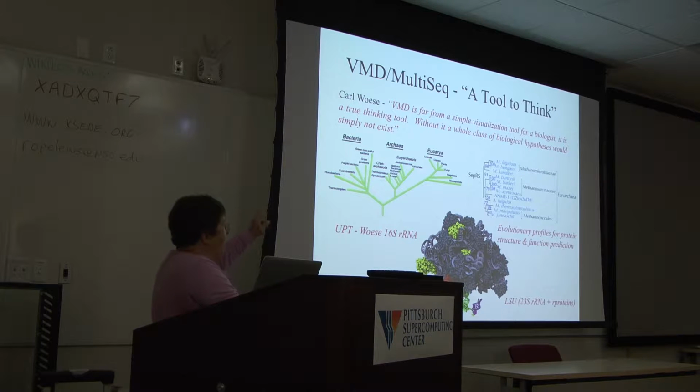If you're working on a bacteria, an archaea, or something in the eukarya like humans or yeast, then I encourage you to check the sequences from the other domains of life. But the tools can be universally used.